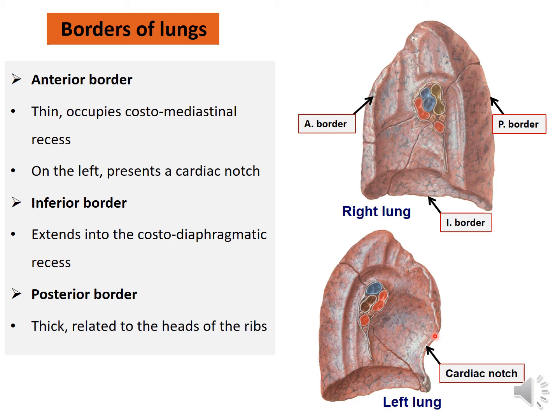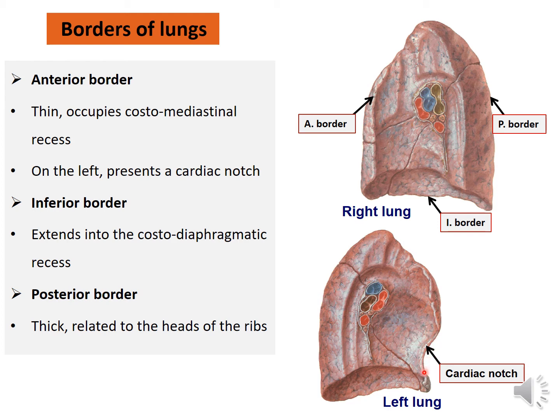The anterior border occupies the costo-mediastinal recess. A recess is a space, and as the name suggests, this space is present between the costal and mediastinal parts of the parietal pleura. More details regarding this will be discussed in the next lecture.